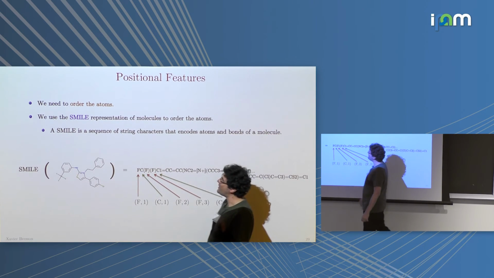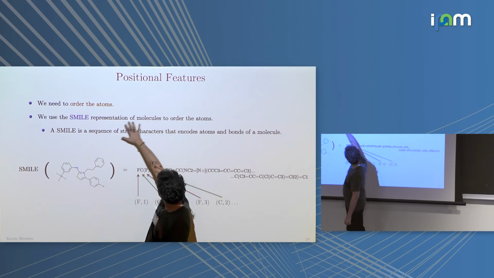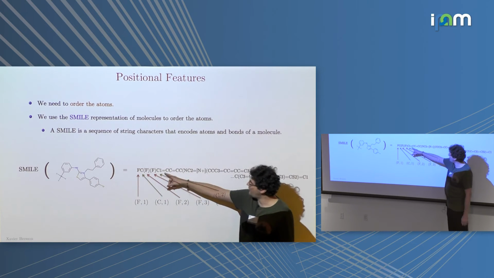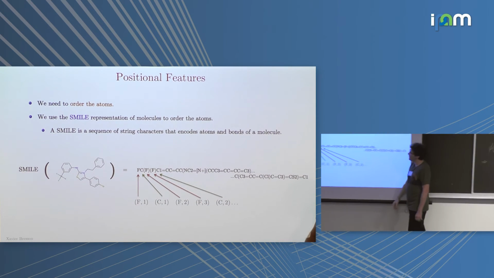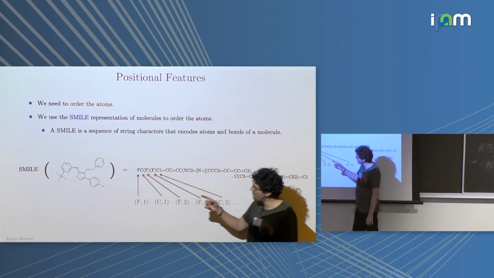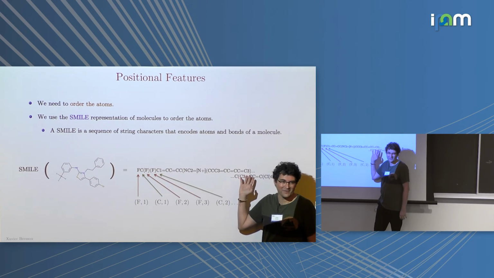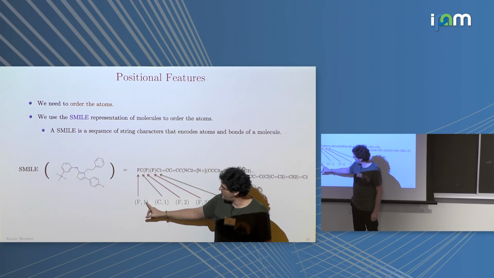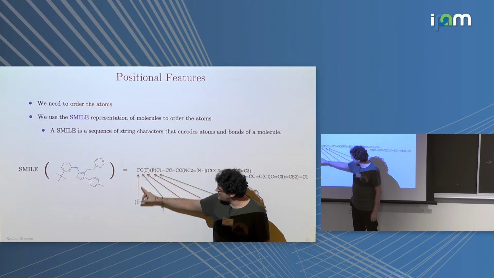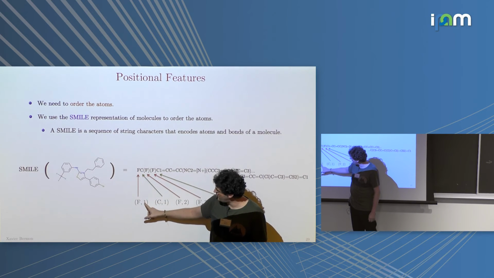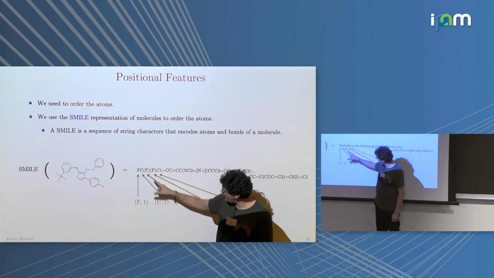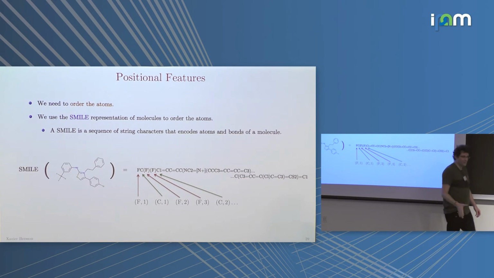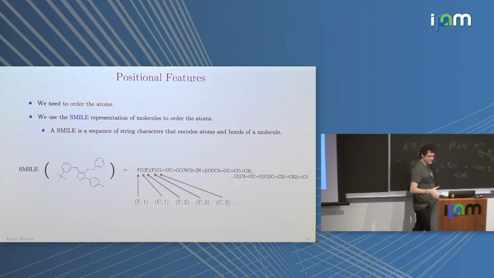We just use the SMILES representation of the molecule, a string of characters representing the molecule, with a lot of good information from chemistry. And what we do is that our positional value will be, if this is the first atom of fluor, we put 1. If this is the second atom of fluor, we put 2. So this is how we fix this problem, which is not completely satisfying, but this is what we did.